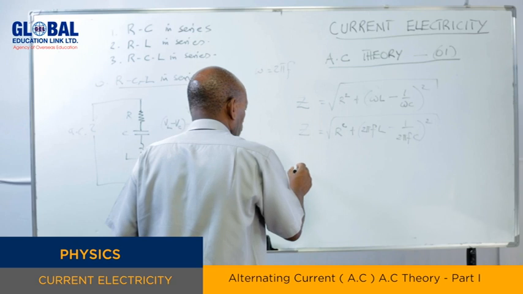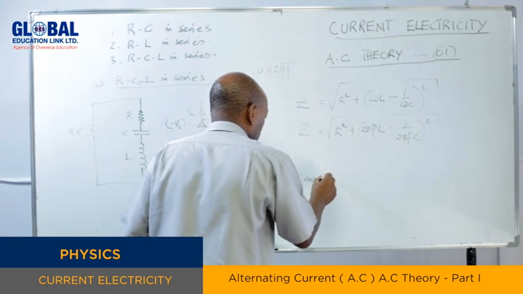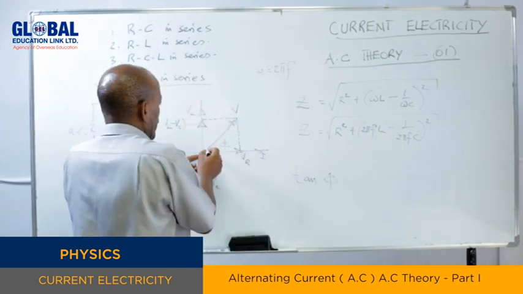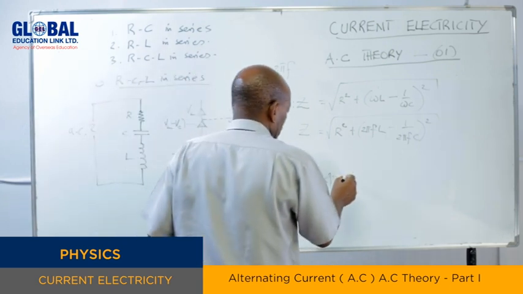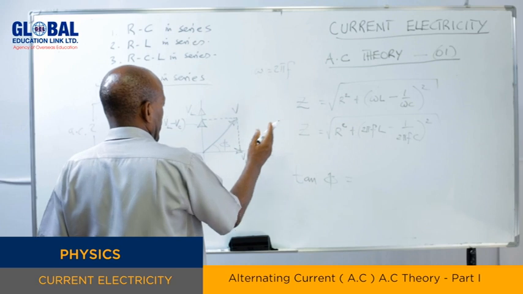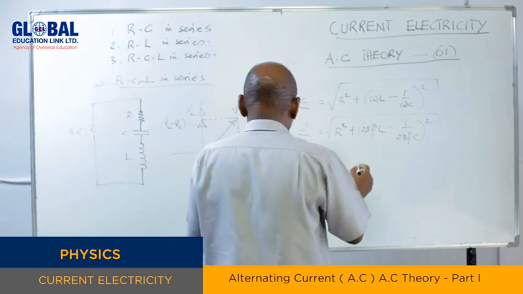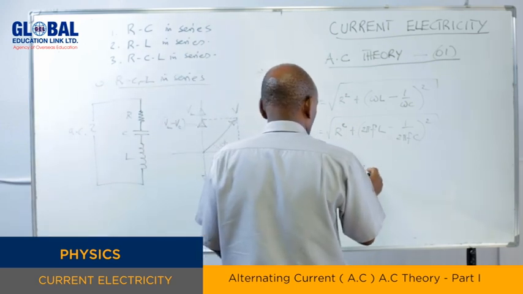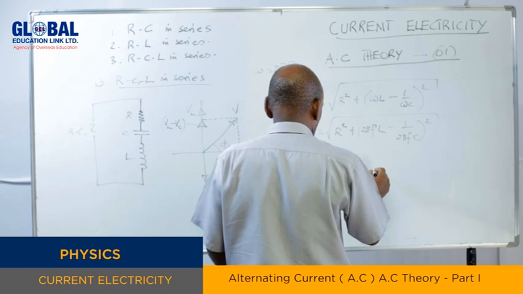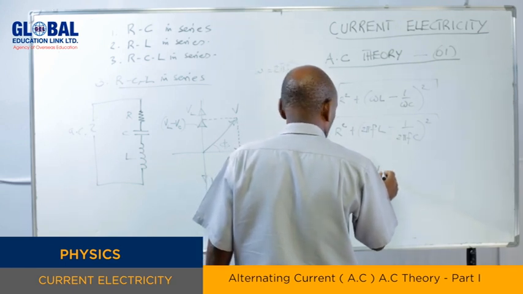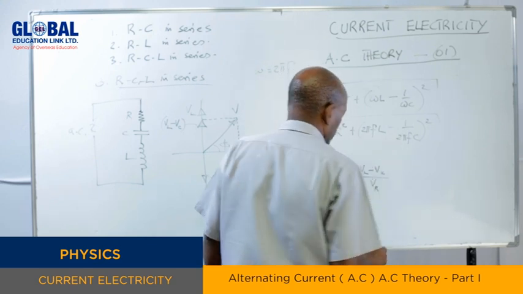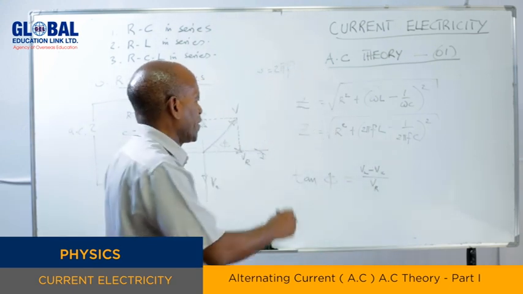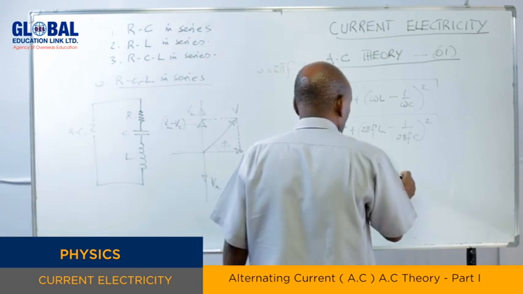As well, we can get the angle at which the applied voltage V across the combination acts. So tan theta is the opposite over the adjacent. The opposite is the resultant of the voltage through the inductor and the voltage through the capacitor, over the voltage through the resistor.